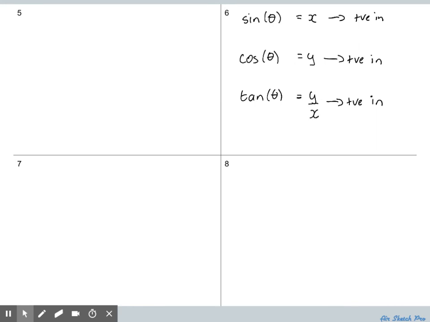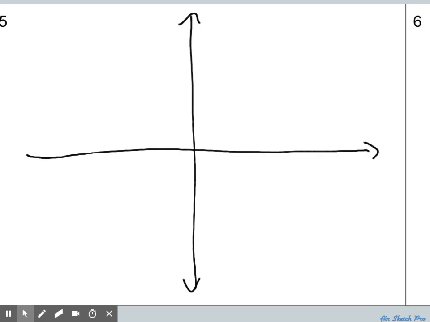So let's have a look at the quadrants now. If we look at the Cartesian plane, then what we saw was that in the first quadrant, quadrant 1, based upon our new definitions, sine and cos are just x and y.